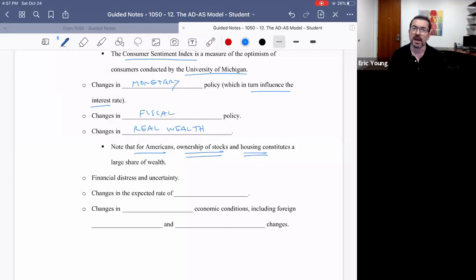In a related way, people who have money in stocks and mutual funds, when the stock market is booming and going up, that means the values of your shares are going up, your portfolio size is going up, you're going to feel wealthier and you're going to spend more. And we see that predictably whenever there are ups and downs in real estate or in the stock market. It affects people's wealth, which in turn affects their consumption.